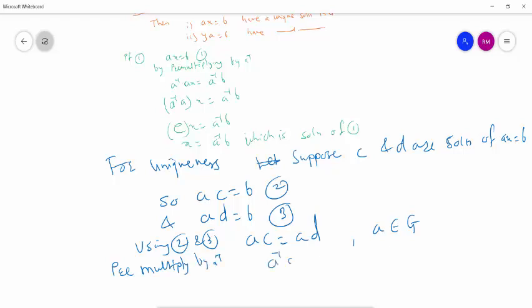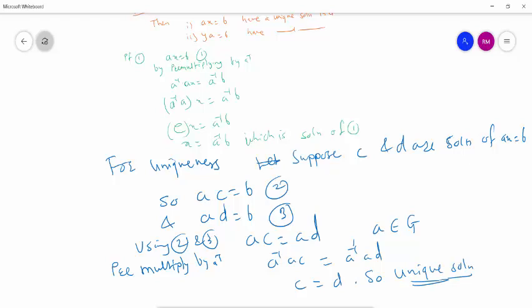Then we get A inverse AC equal to A inverse AD. So by cancellation law we get C equal to D. So we can say the solution is unique for the given problem.